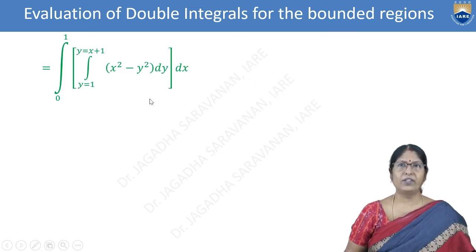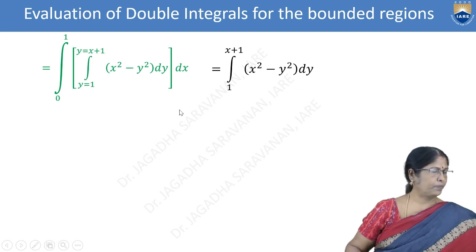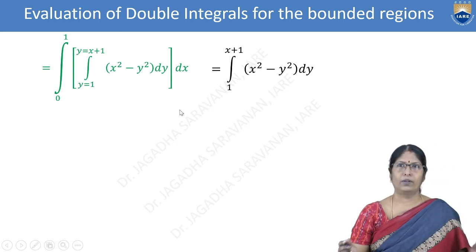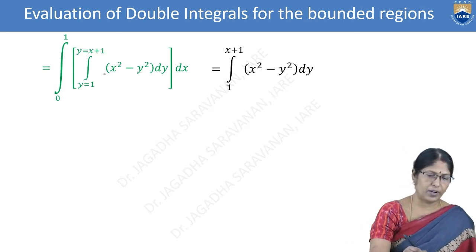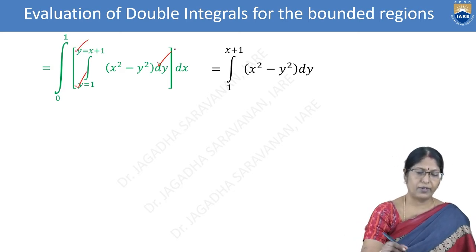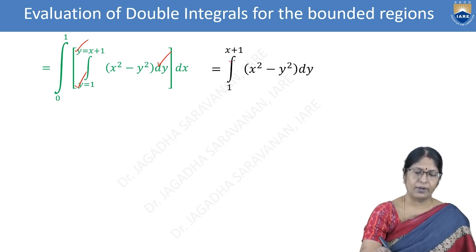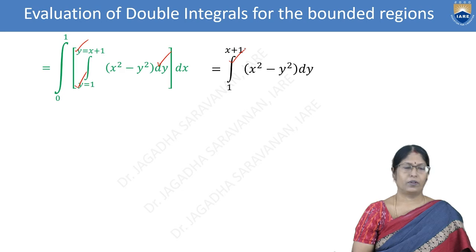So we have taken the interior integration separately. There is an interior integration which is defined for y. That is the reason we did the integration with respect to y, and it is a function of x.